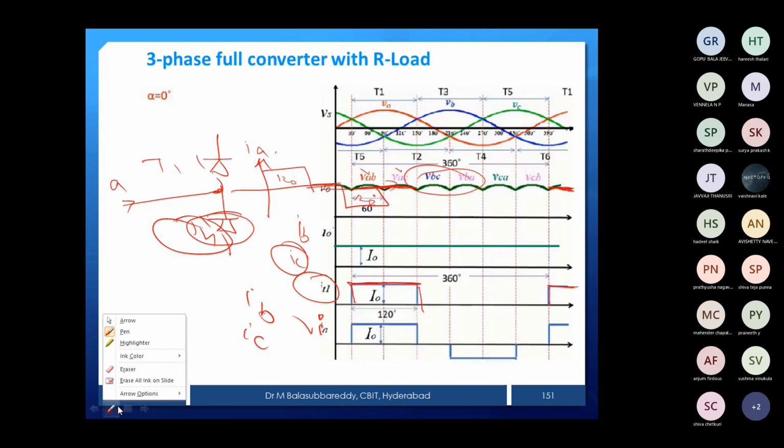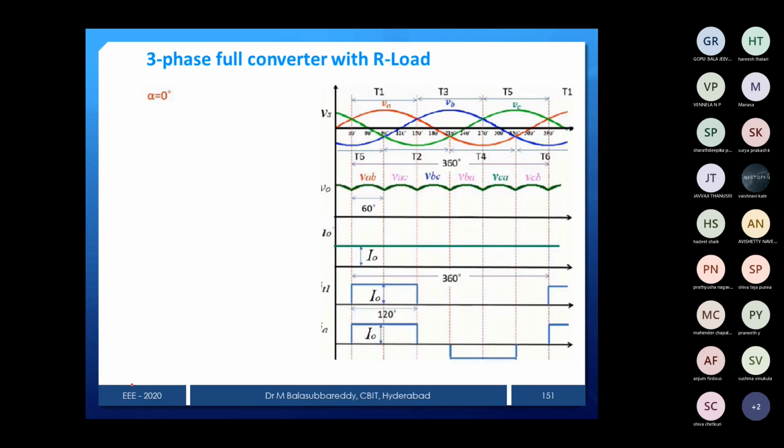So this is the current waveform for a particular instant. We represent positive for this duration because T1 is conducting here, and T4 is conducting here, that is the reason we represent it as negative. This is for IA, the A phase current.